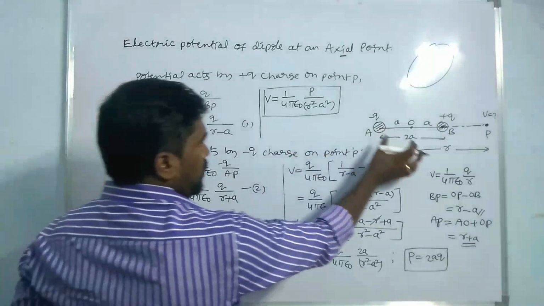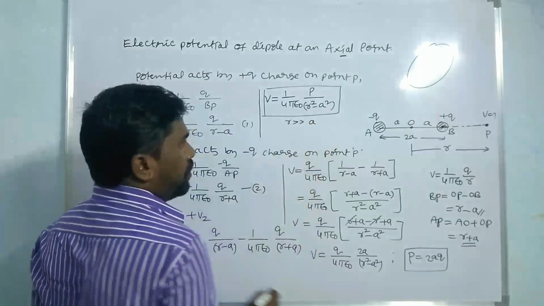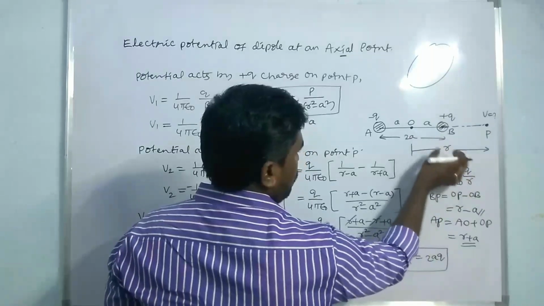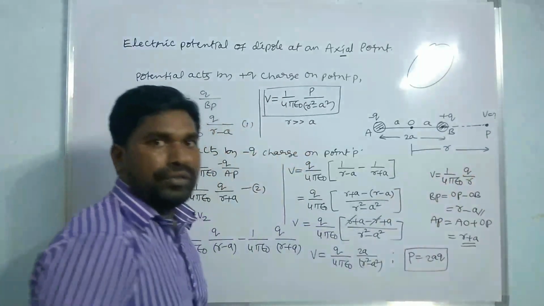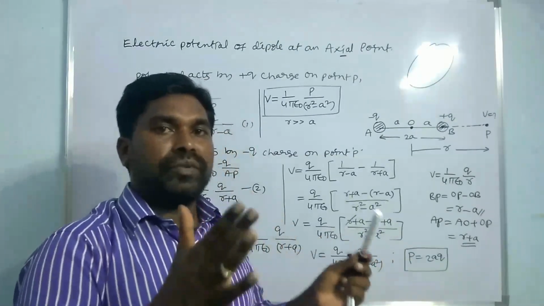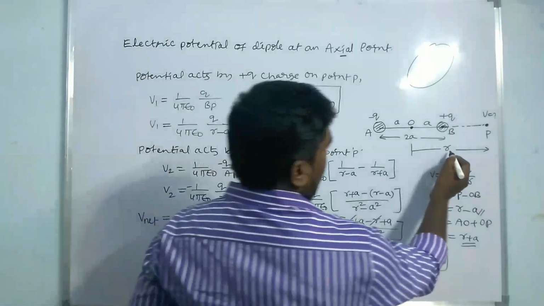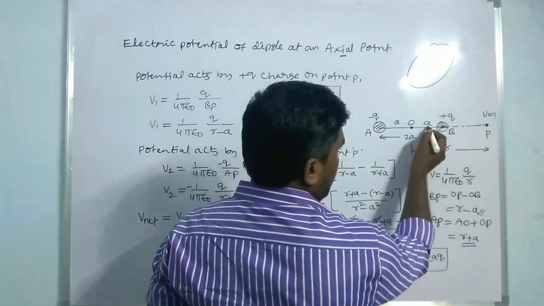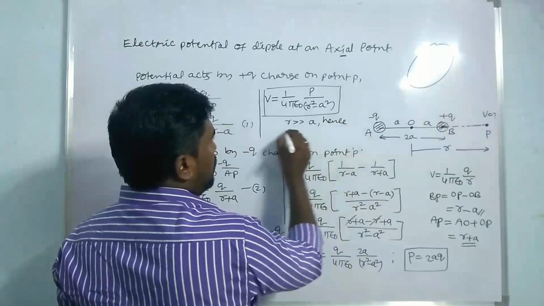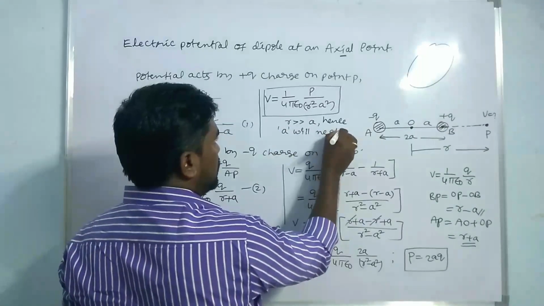So here one more thing, if r is very much greater than a, so this is the a value, r is very much greater than a. Because we need to assume the point is outside of the distance between the dipole. It is an axial line. So hence r will always be greater than the a value. Hence a will be neglected.